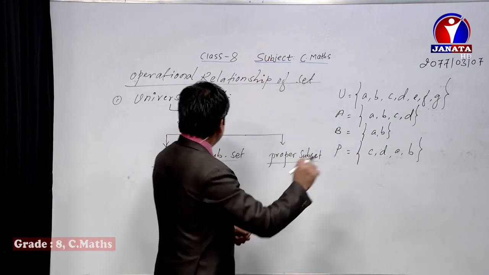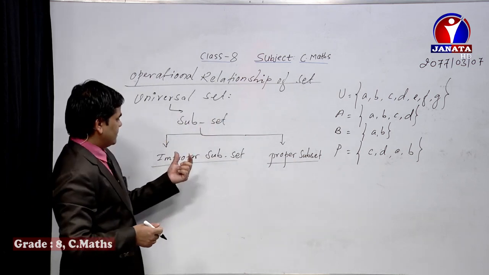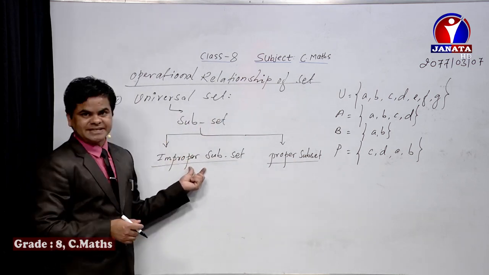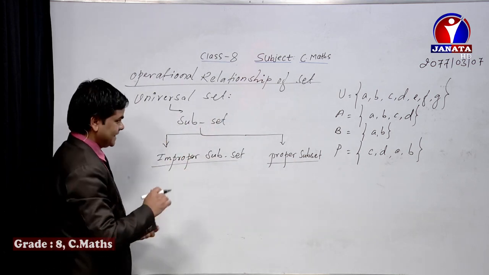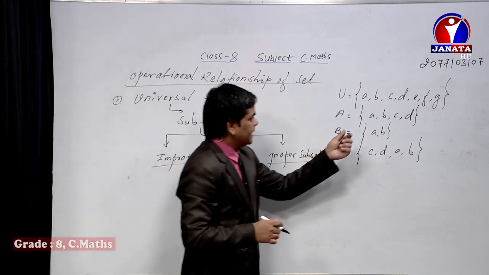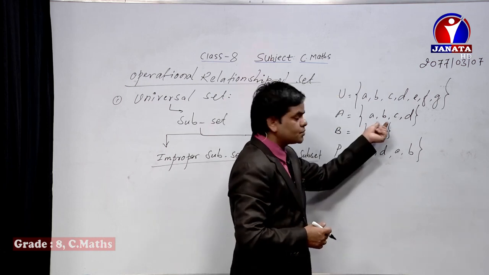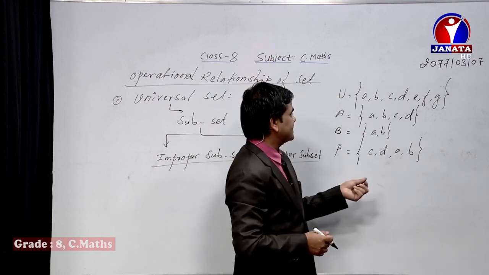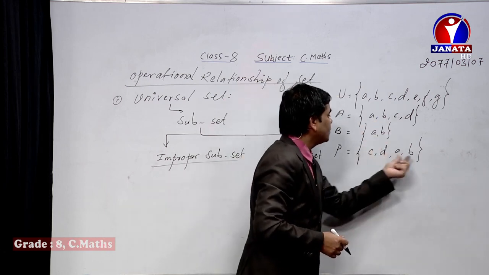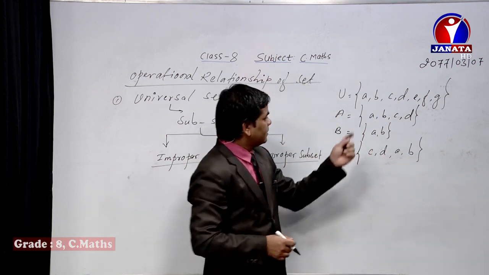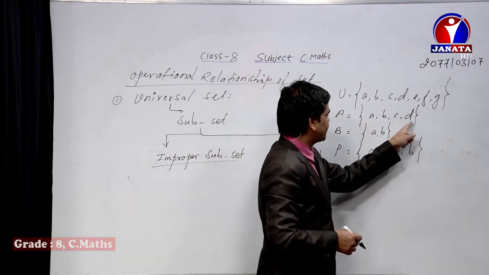Look at here, dear students. In case of improper subset, what we mean by improper subset is, those two subsets are known as improper subsets where there are an equal number of elements. Look, dear students, 1, 2, 3, 4.